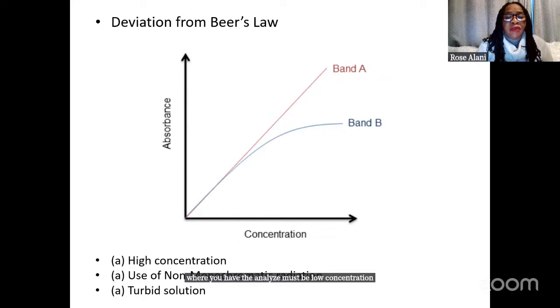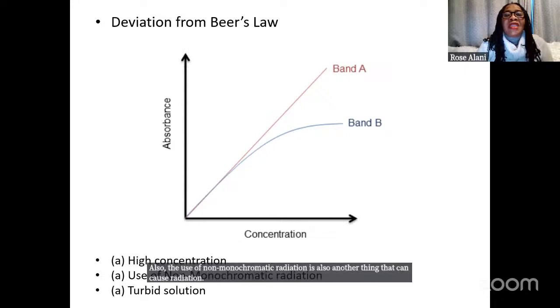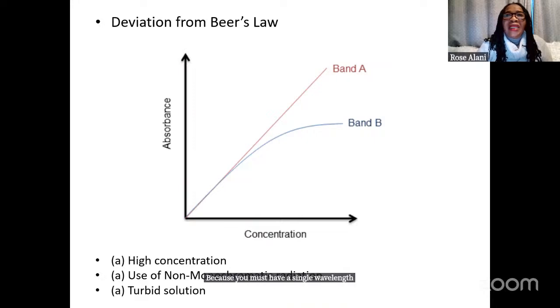The use of non-monochromatic radiation is also another cause of deviation, because you must have a single wavelength where that analyte can absorb radiation. So the use of non-monochromatic radiation brings error and deviation. Another one is turbid solution. The solution must be clear. Otherwise, these are all deviations.